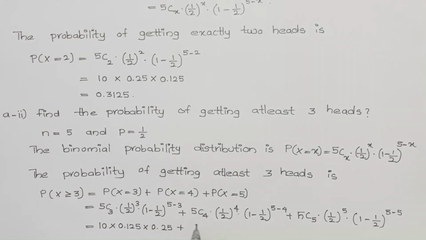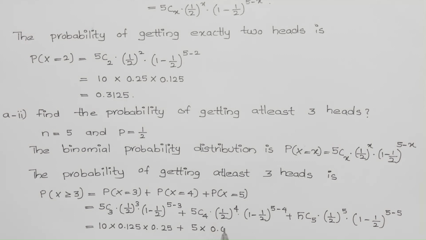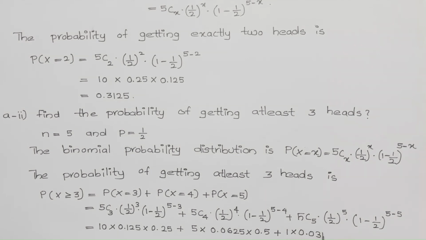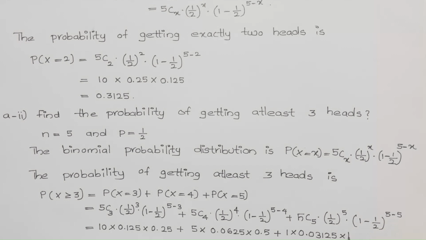plus 5 into (1 by 2) raised to 4 is 0.0625 into (1 minus 1 by 2) raised to 1 is 0.5 plus 5C5 equal to 1 into (1 by 2) raised to 5 is 0.03125 into (1 minus 1 by 2) raised to 0 equal to 1.